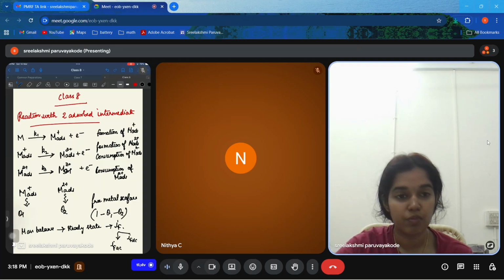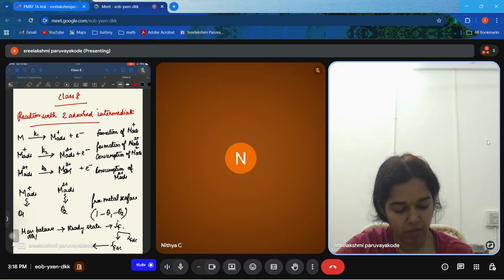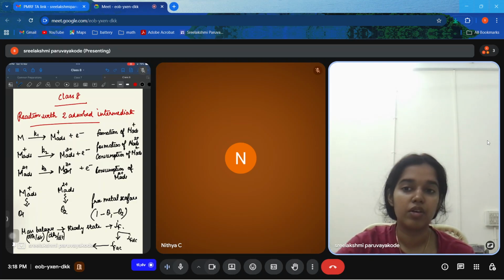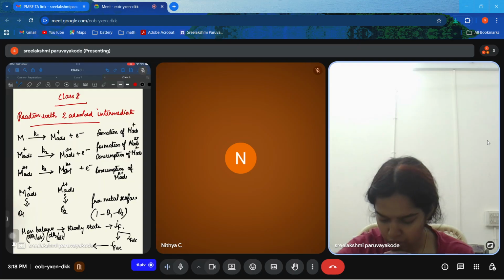IF AC is what is important for us. Then you will have theta dash. The difference here is that in the mass balance, d theta 1 by dt and d theta 2 by dt will come, so when you are differentiating, you have both the terms involved. Then you get theta 1 SS and theta 2 SS, and you find IF AC and IF DC.